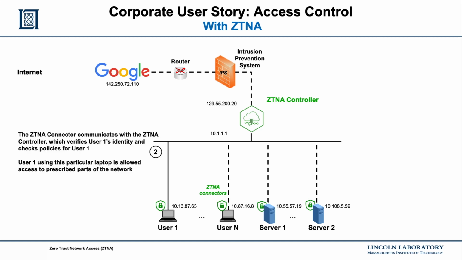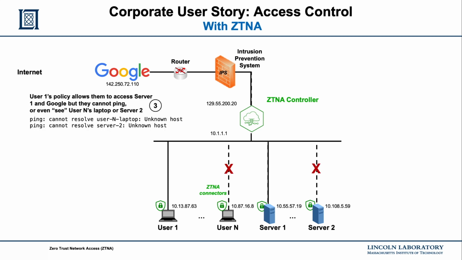And the ZTNA connector then communicates with the controller, and the controller verifies user one's identity and checks user one's policies. And it establishes that user one, using this particular laptop, is allowed to access certain parts of the network. In this particular case, user one is allowed to connect to server one, but nothing else.